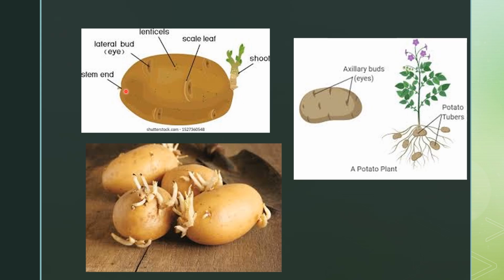And also you can observe the heel. It's a big scar. So the heel of the tuber marks the attachment to a stolon. Like this one, this plant has potato tubers, and when we cut off the potato from the stem or the stolon, it will leave a mark.